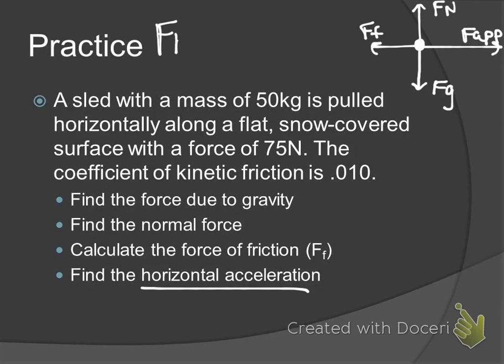Okay, since we're looking at horizontal, we're going to take rightward forces minus left, which means we'll take force applied minus force of friction. Okay, that's what we're getting towards here. But let's go ahead and walk through the steps here. So finding the force due to gravity, we're solving for F sub g, which means we take what times what?